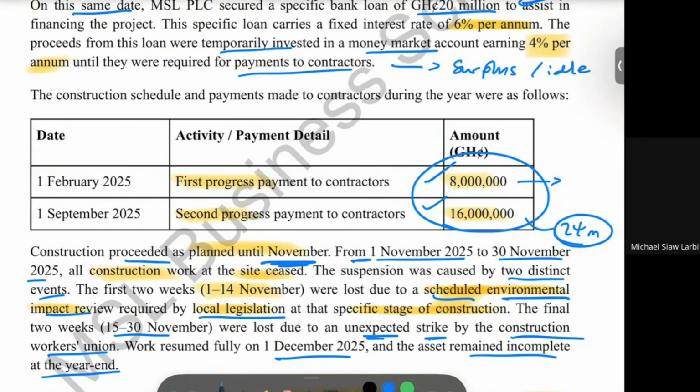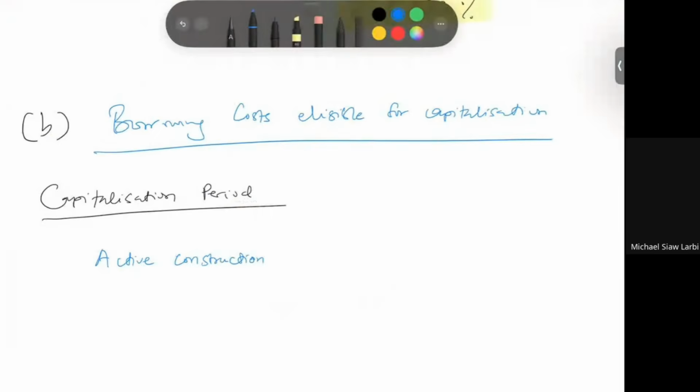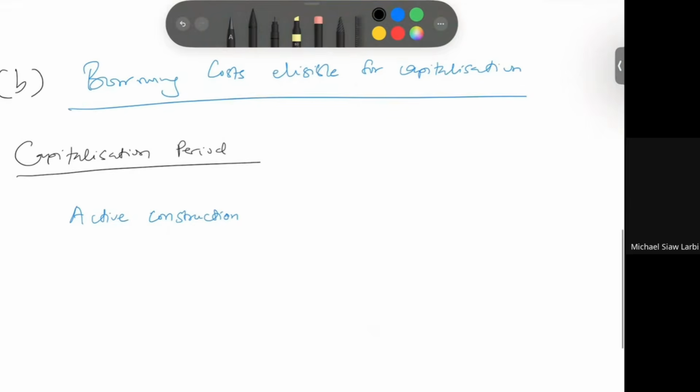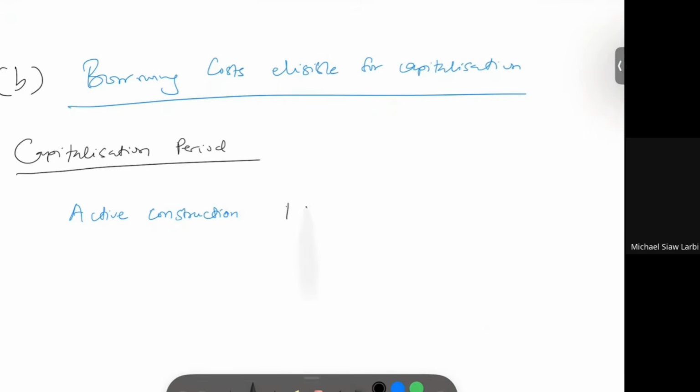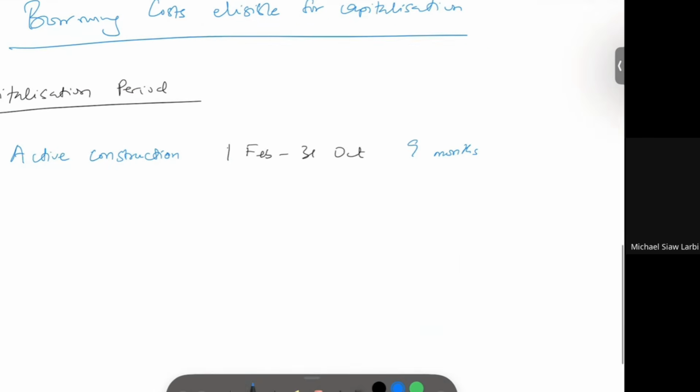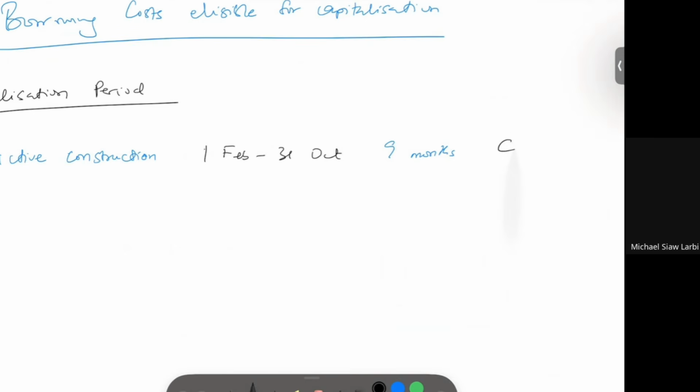So from 1st November, there was a suspension. That means 1st February to 31st October, there was uninterrupted construction. So for active construction, I'm going to put here 1st February to 31st October. If you count, this should be 9 months, right? Yep, so this is 9 months. For this period, we are going to capitalize.